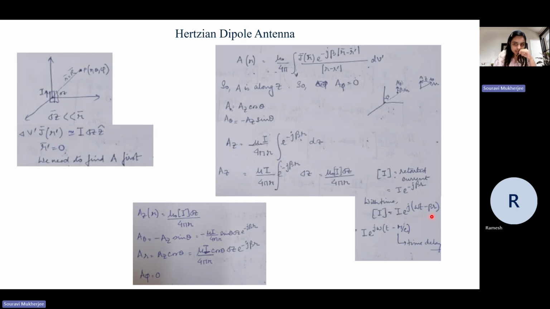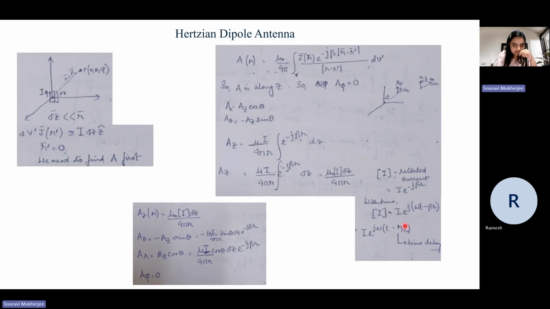Why retarded? Because this beta r talks about a phase of your signal, and that phase carries the information about how far you are traveling from the source. You can always replace beta: beta is like k, and normally for a wave omega equals ck, so you can write k as omega by c and take omega common.